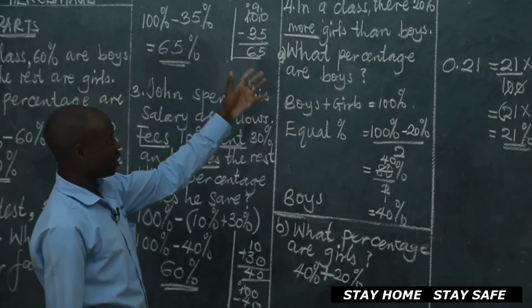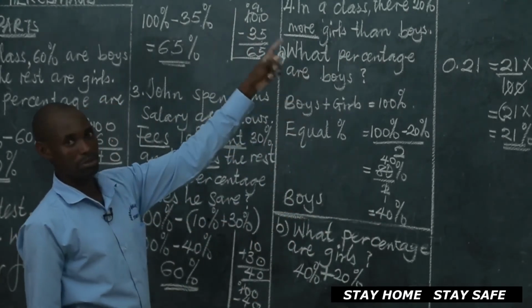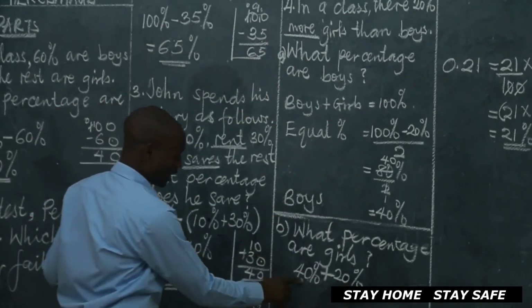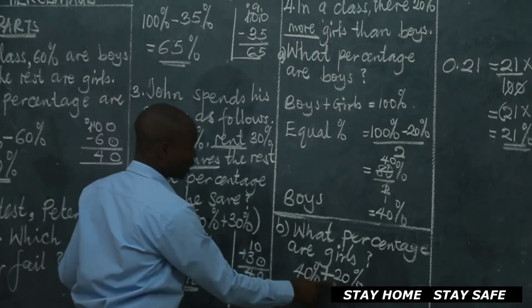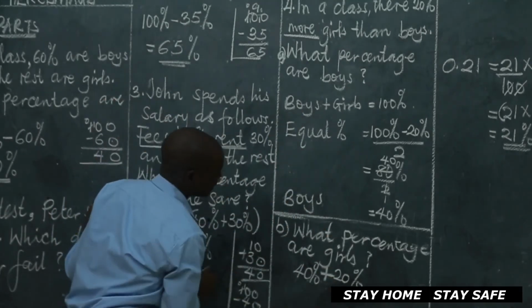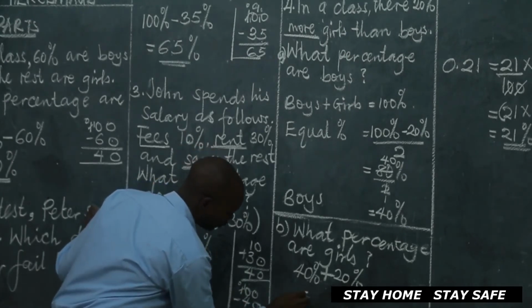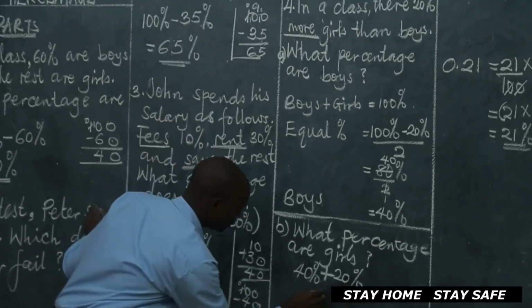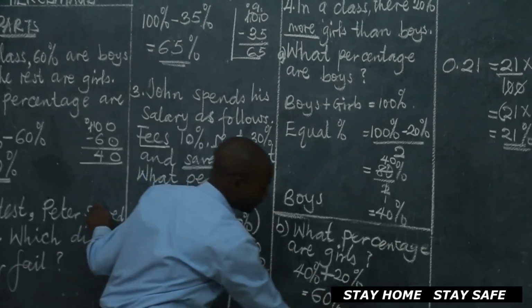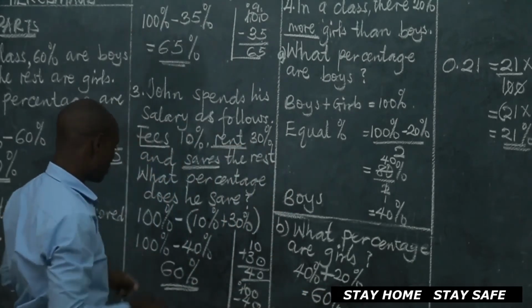But from the question we have seen that girls are supposed to be 20% more than boys. So you get the percentage of boys, you add on 20%, which is the difference. Then what you will get will be the percentage of girls. Therefore, the percentage of girls will be 60%.